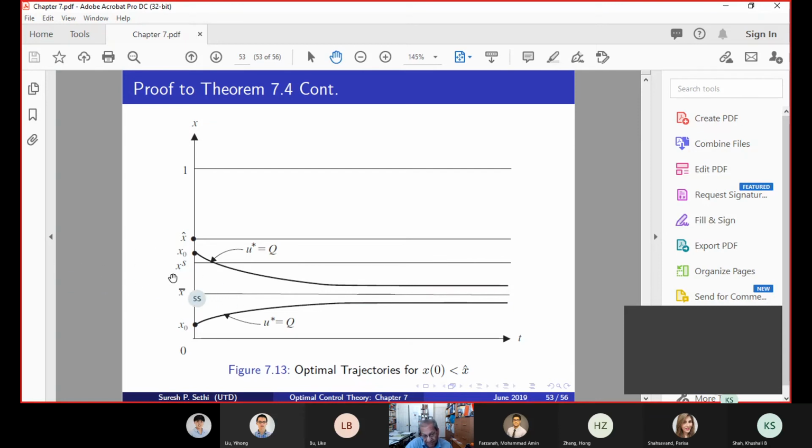That's saying just use Q all the way. But that is okay if Q is... yeah, this is only showing for X0 less than X hat.